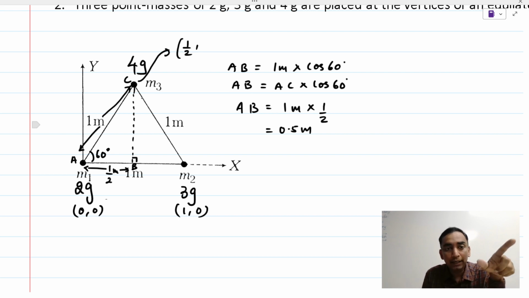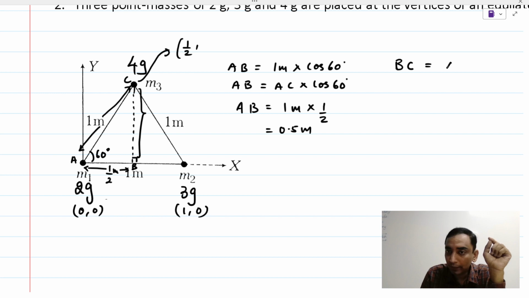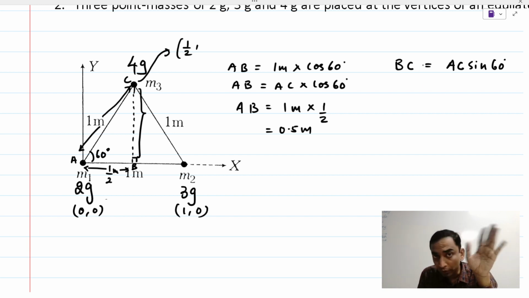Now talking about the y coordinate, I am supposed to find this distance, that is BC. How can I find BC? BC is equal to AC sine of 60 degrees, because sine 60 is equal to perpendicular upon hypotenuse, so it is BC upon AC. You may use the Pythagoras theorem to find the distances, that's totally fine.